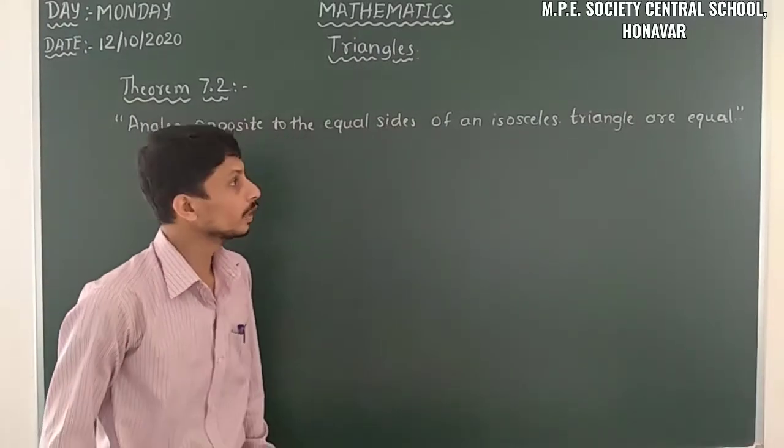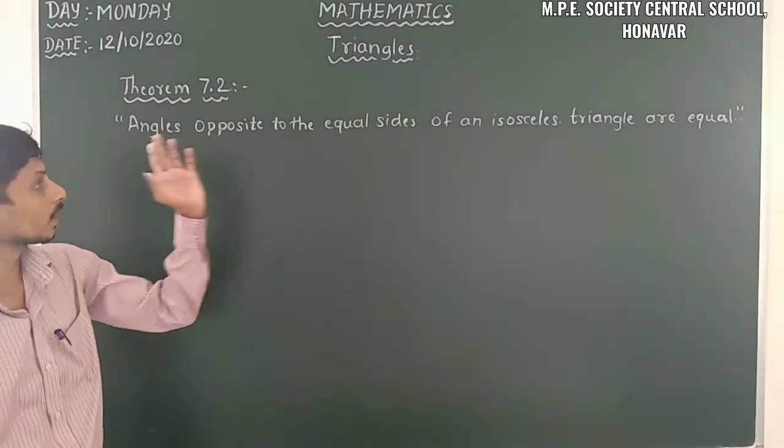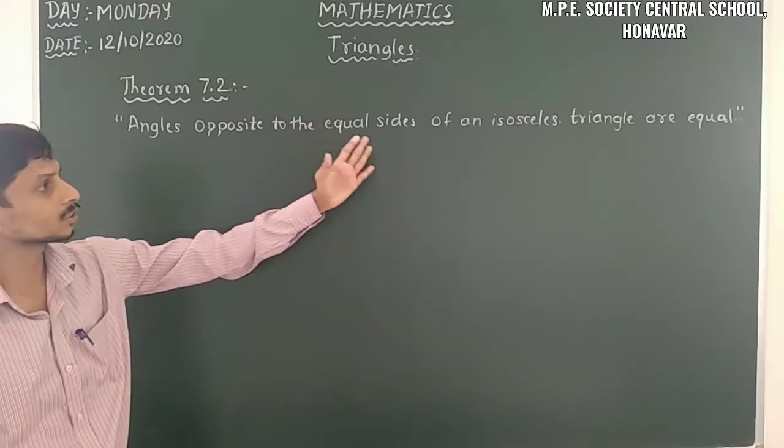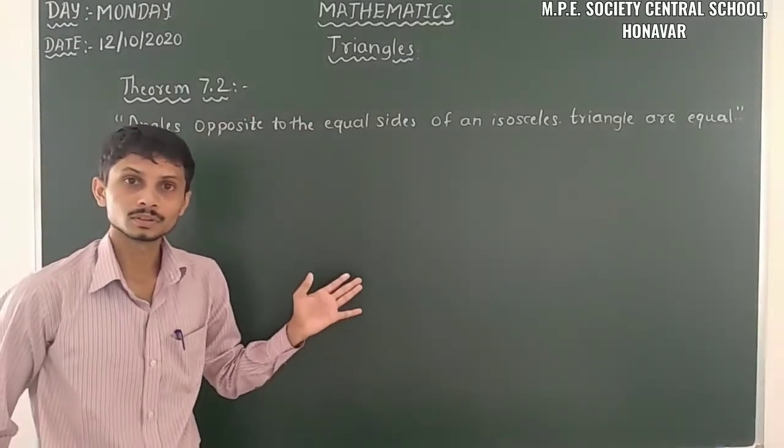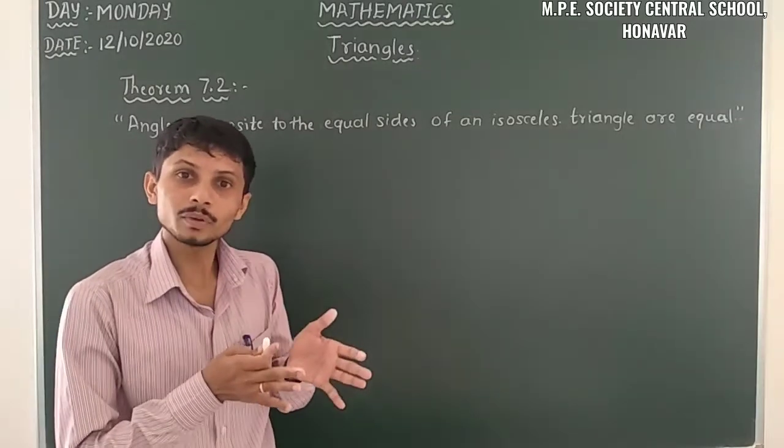So we have to prove this one. Angles opposite to the equal sides of an isosceles triangle are equal. How can we prove that?